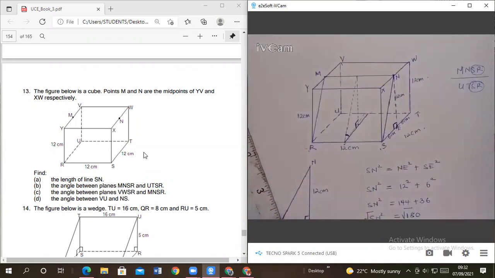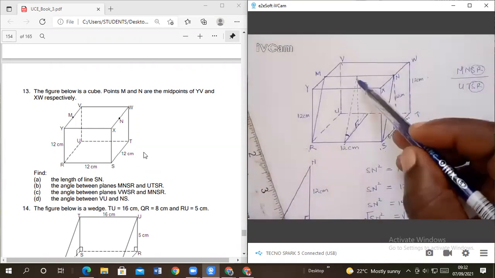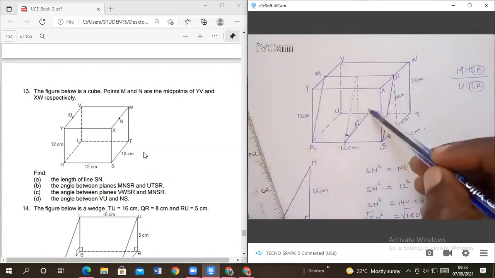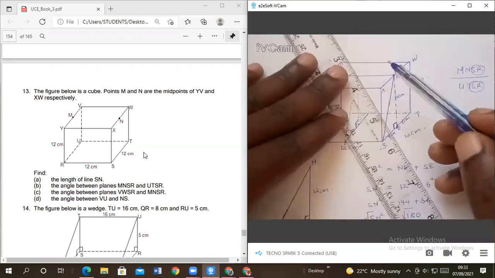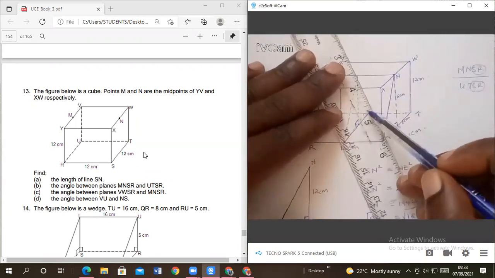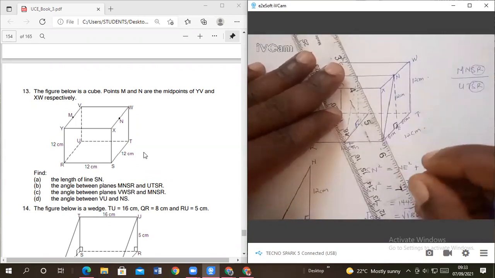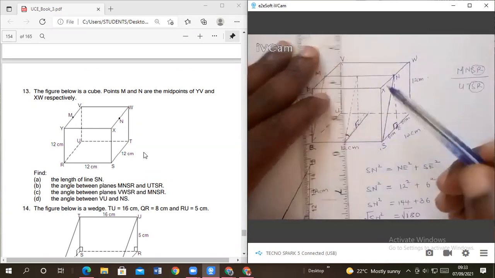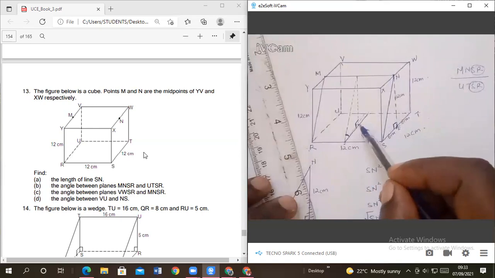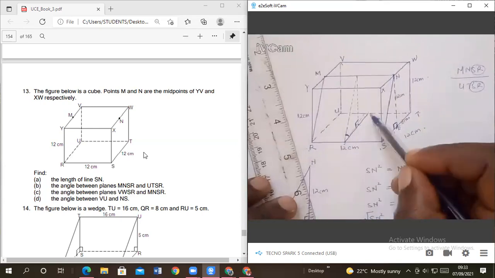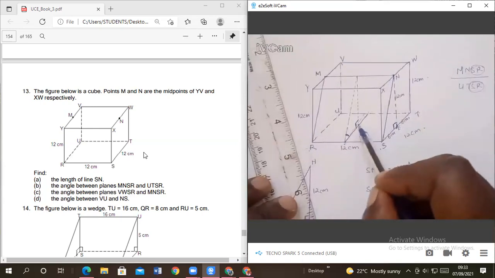So it means that we cannot draw this line up to here. Are we together? Because when we draw it like this, that will not be a right-angled triangle. So we must draw a line that comes from MN to the middle here of this line. So at this point, it will be 90 degrees.